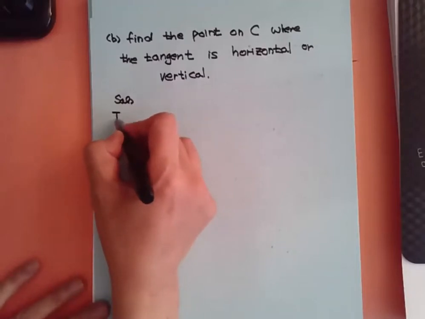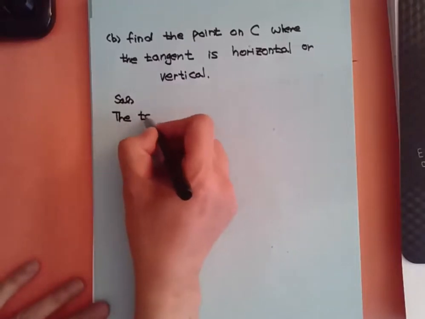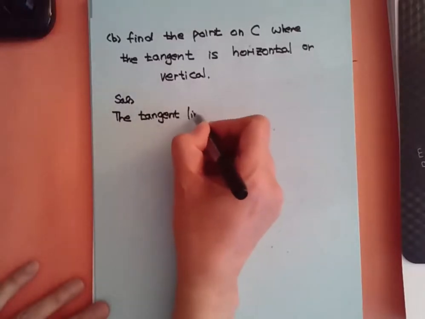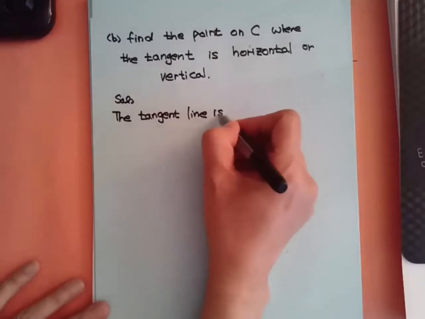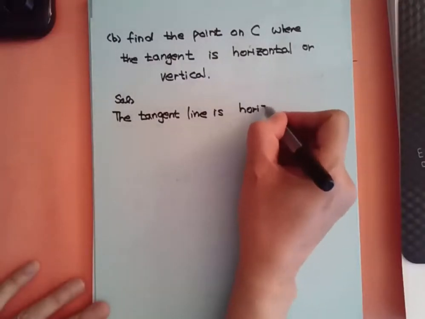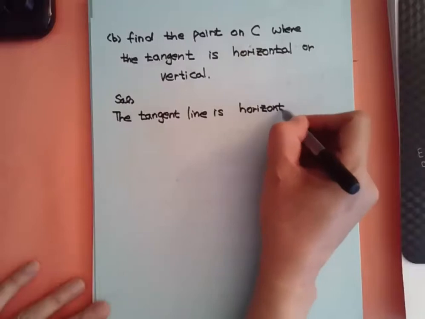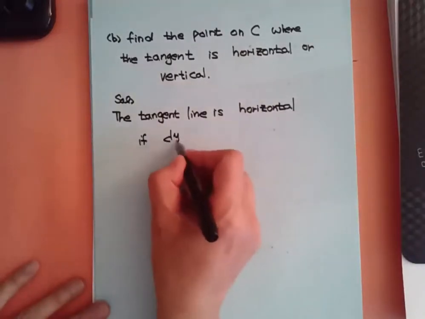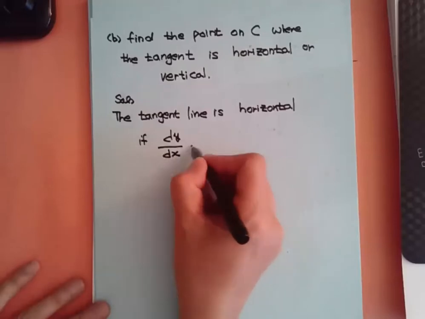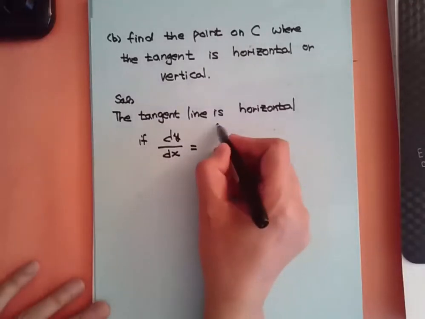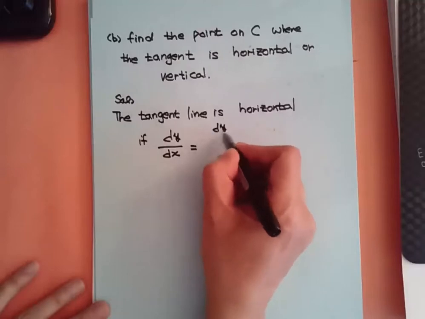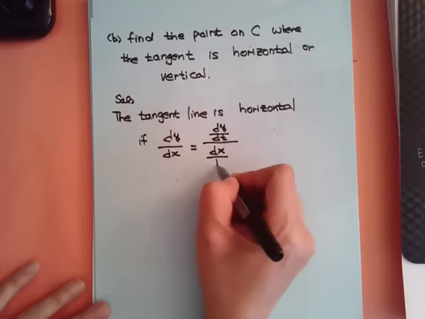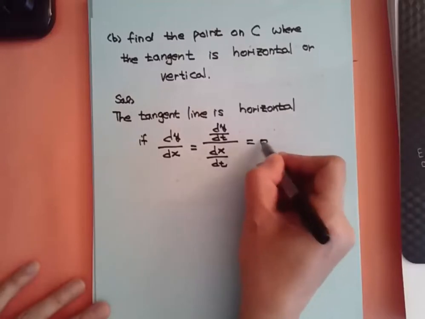The tangent line is horizontal if dy over dx is 0, right? dy over dx, dy over dt over dx over dt equals 0.